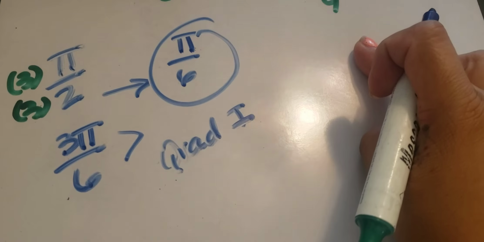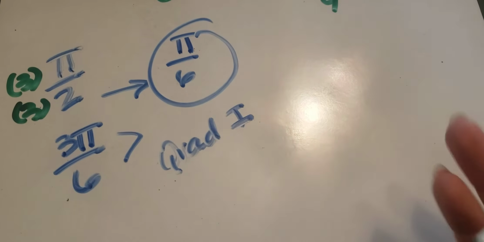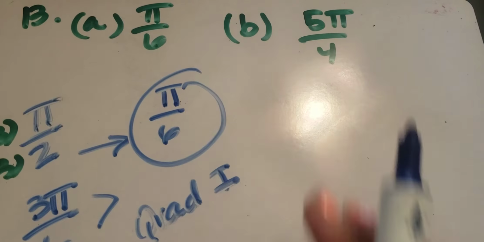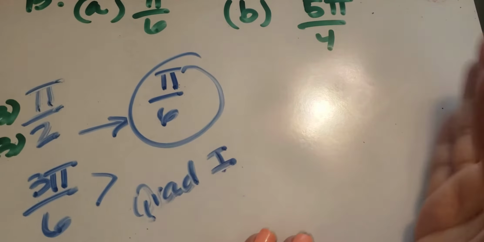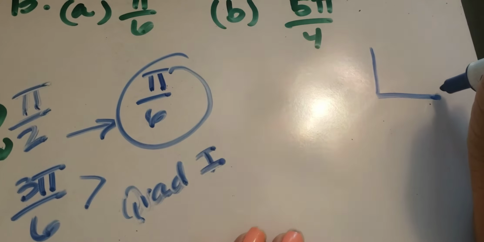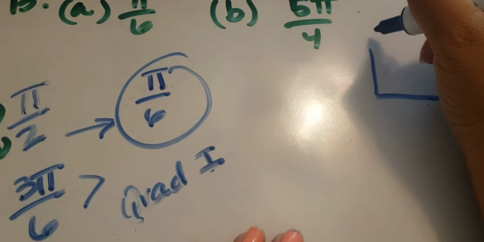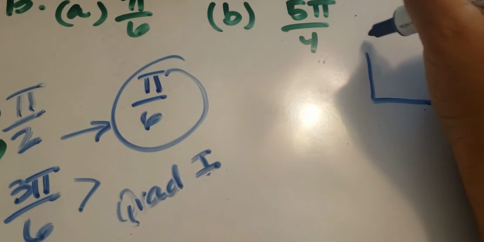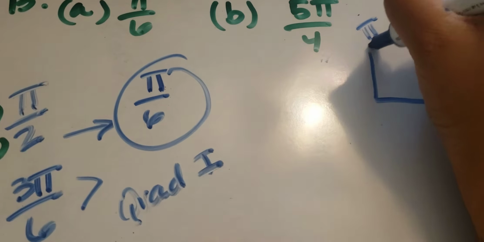All right, so now I'm going to try 5 pi over 4. The good thing is I already did 13. So quadrant 1 goes from 0 to pi over 2, or 3 pi over 6, right? But see how now it's 4? So I'm going to find the equivalent.